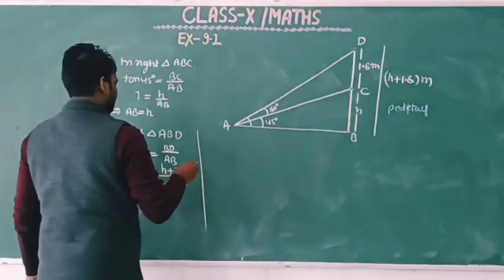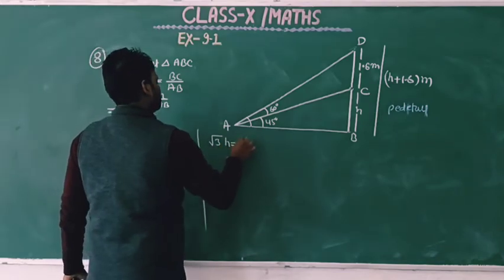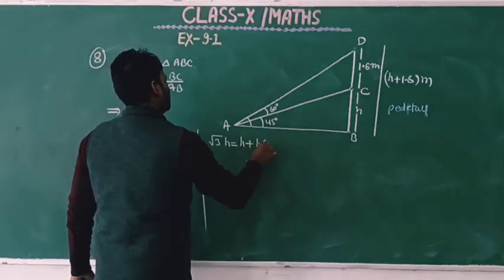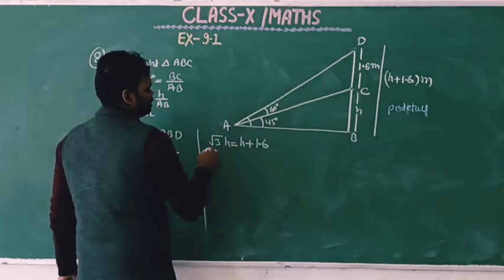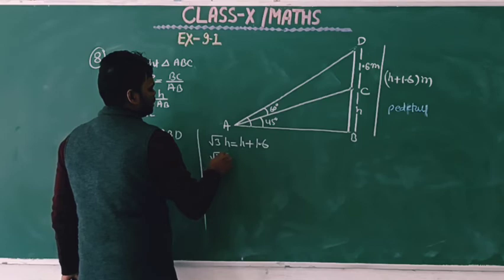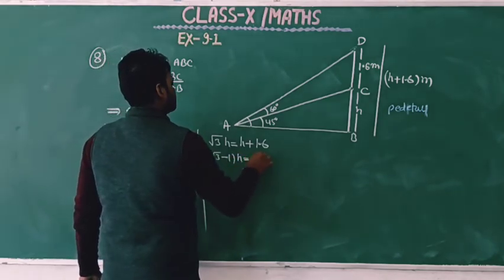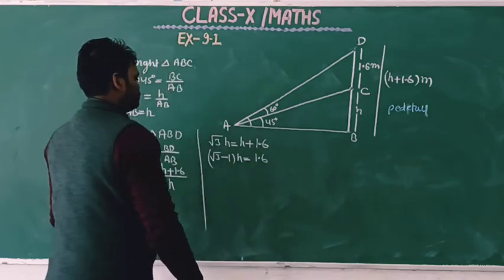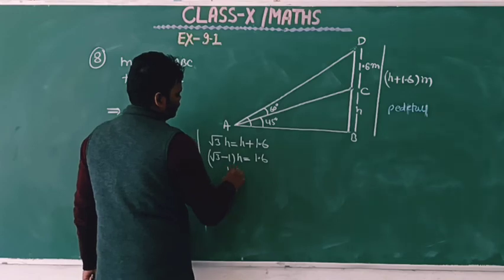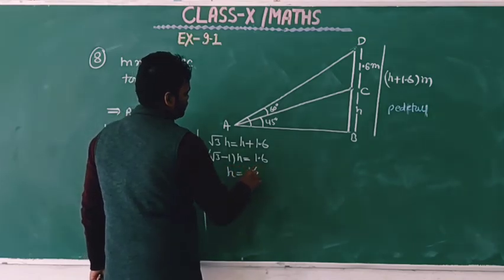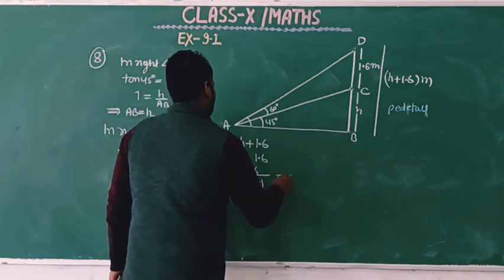Now simplify. So root 3 h equal to h plus 1.6. Now bring h to this side. So root 3 minus 1, with h common, equal to 1.6, and h equal to 1.6 upon root 3 minus 1. Now rationalize.